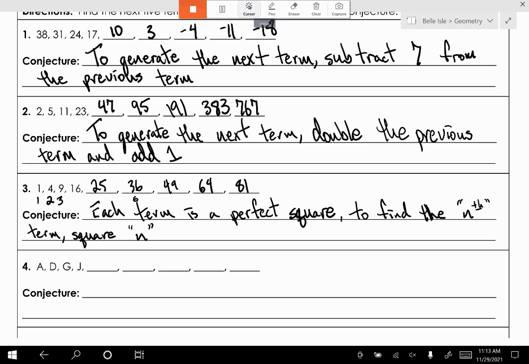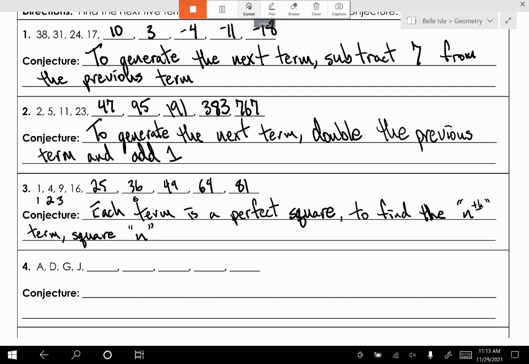So to generate the next term for this, we're skipping over 2 letters. Would it be skipping over 2 or skipping over 3? I would say you're skipping over 2. She says you're skipping 2 to get to the next one.